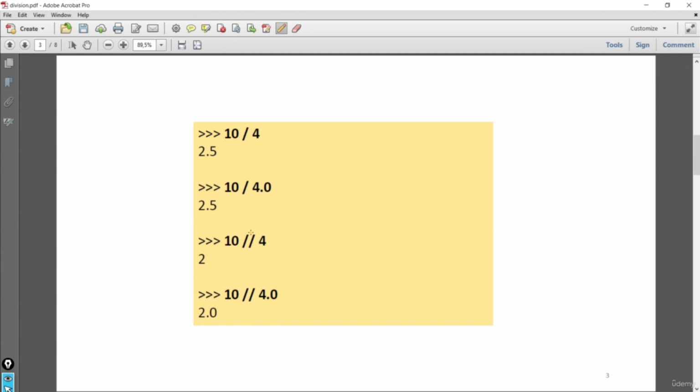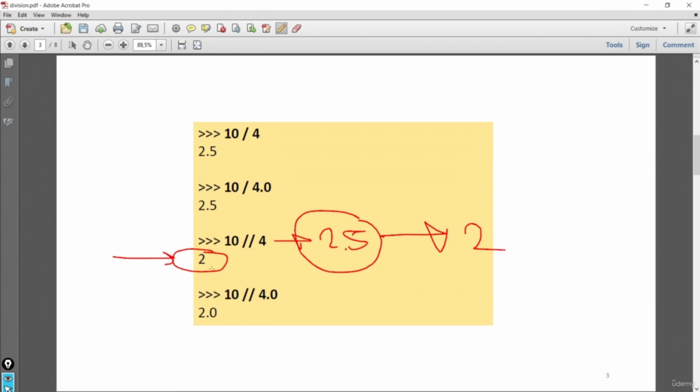And now consider the floor division. We use a double slash here. The result is 2.5, but this is floored to the nearest smaller integer, that is 2. And what about the result type? The result is an integer here. Here, one of the arguments is a floating point number and this is an integer.